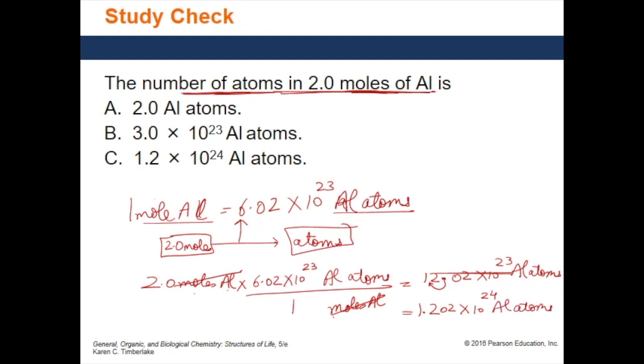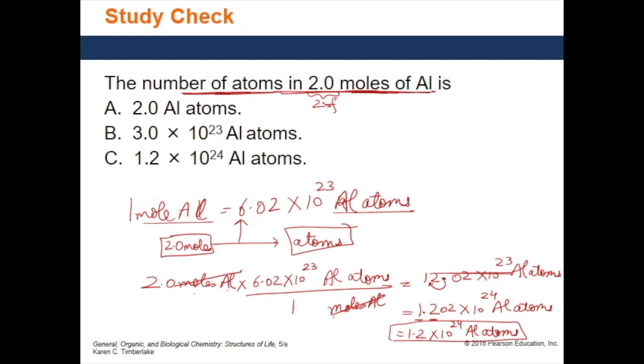And since the initial number is 2 sig figs, my final answer should be 2 sig figs, 1 and 2, which means 1.2 times 10 raised to power 24 aluminum atoms. So that would be our final answer for this question.